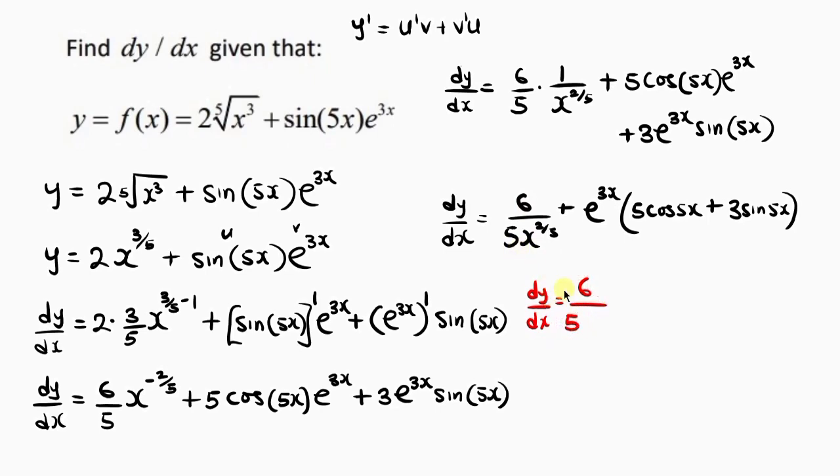Now remember, we said the root is the denominator. So it's going to be a fifth root because the denominator is 5. So it's going to be a fifth root of x. Then the numerator is the power, x to the power 2. That is it. Plus exponential 3x into 5 cos 5x plus 3 sine 5x.